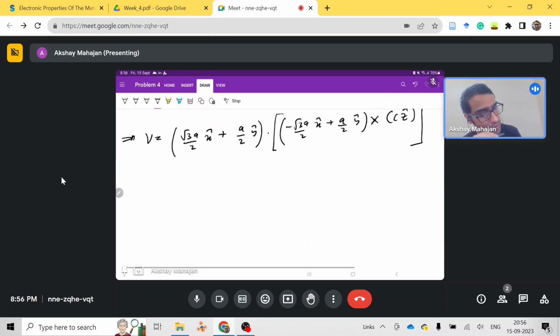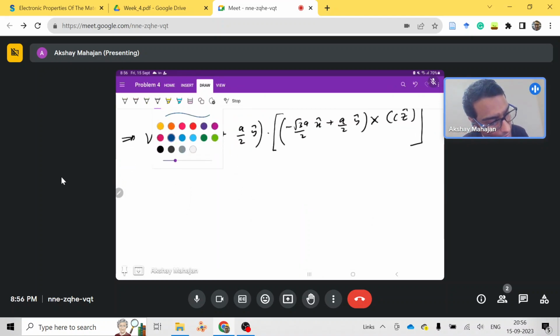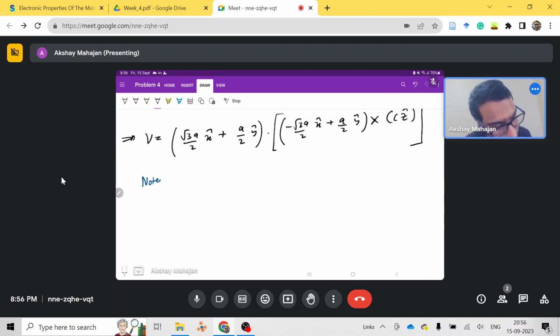So whenever you have to solve this kind of problem, we need to remember something. Let's say just a small note. We should remember that x cap dot y cap will be equal to y cap dot z cap will be equal to x cap dot z cap will be equal to 0. So the dot product of x, y, because they are orthogonal, will be 0.